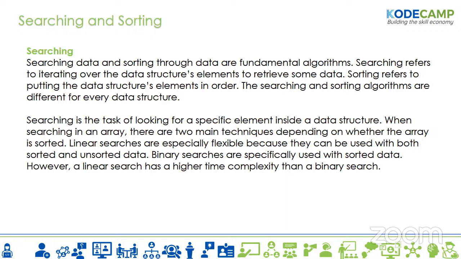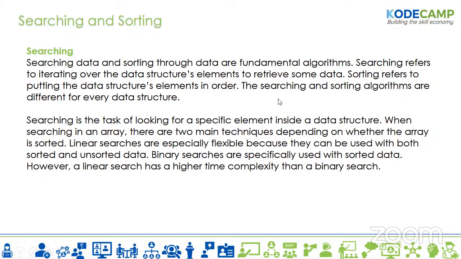some data from it. Sorting, on the other hand, refers to putting the data structure's elements in an order. In sorting, you might want to put it in order from greatest to least, or from least to greatest, or maybe in alphabetical order.